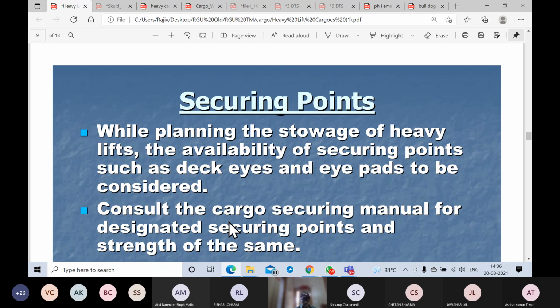This is another precaution you will take, planning the stowage using securing points available. That will decide where you can load, because you should have adequate securing points approved in the cargo securing manual for that vessel.